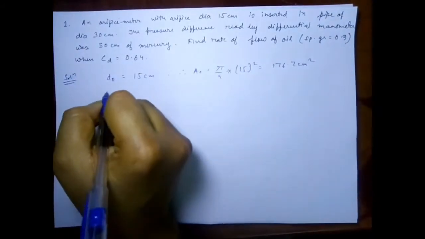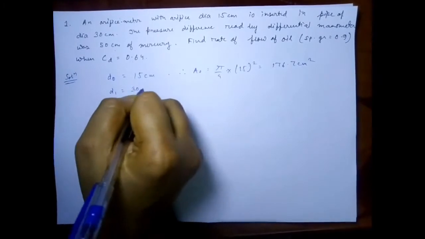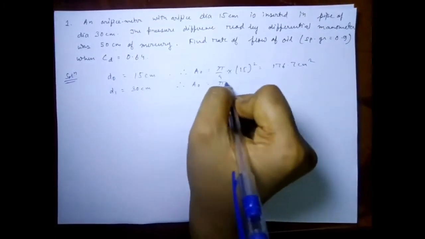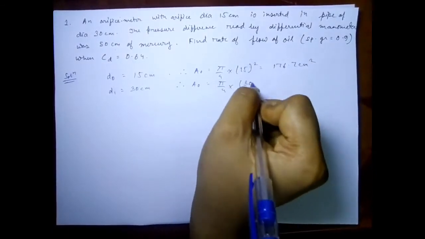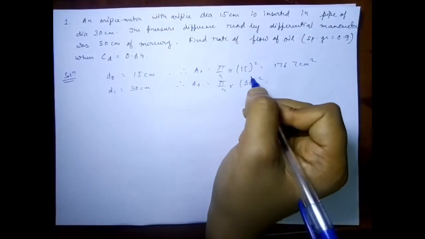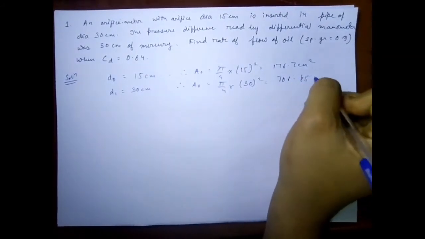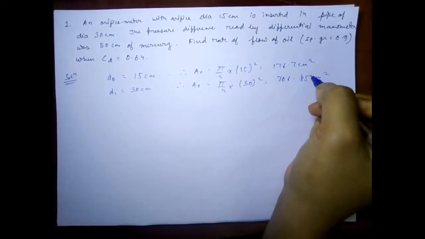Next, the diameter of the pipe is given, D1 equal to 30 centimeter, and therefore A1 will be equal to pi by 4 times 30 squared, and that is equal to 706.85 centimeter square.